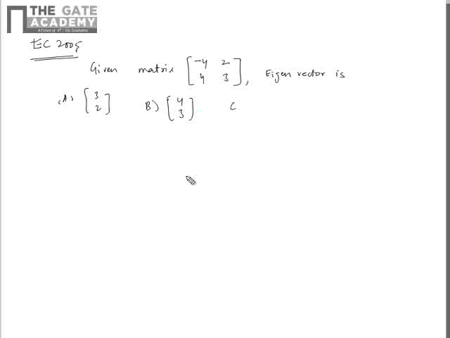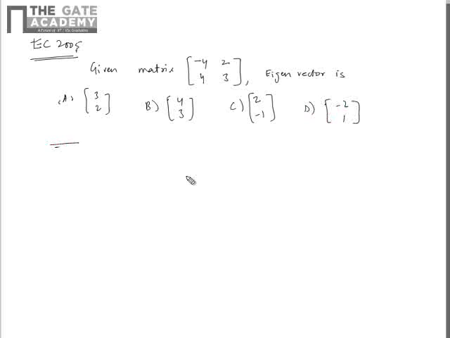Given the matrix minus 4, 4, 2, 3, the eigenvector is: option A is 3, 2, option B is 4, 3, option C is 2, minus 1, option D is minus 2, 1.